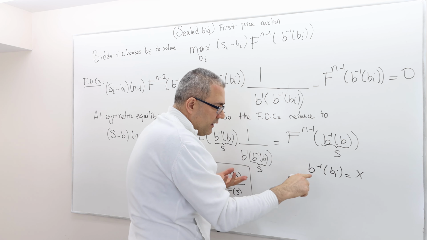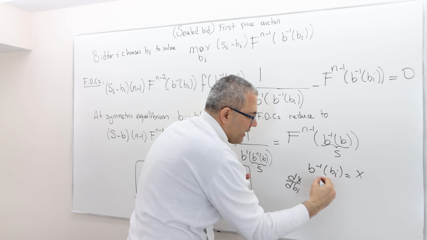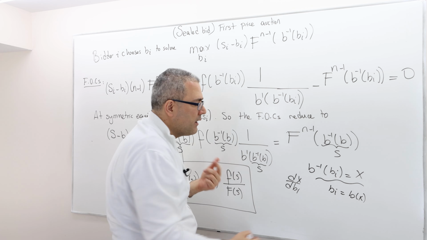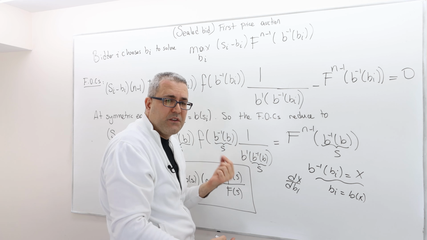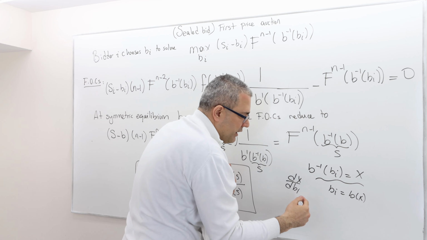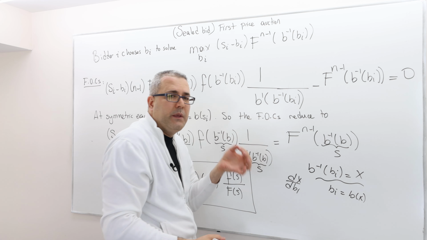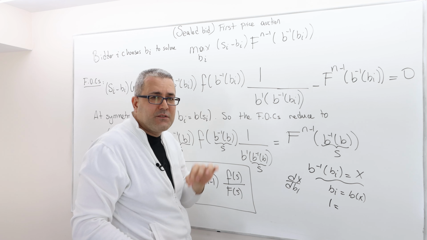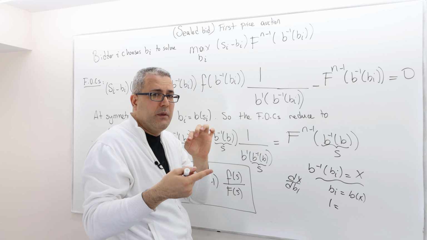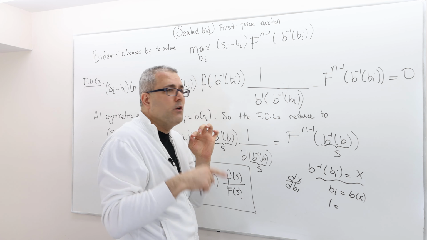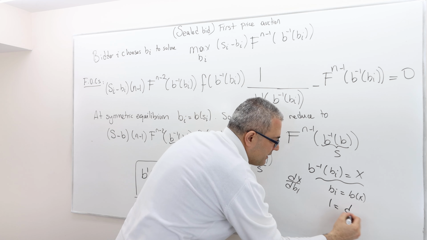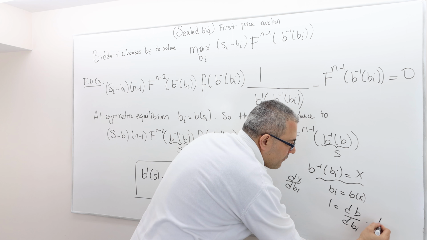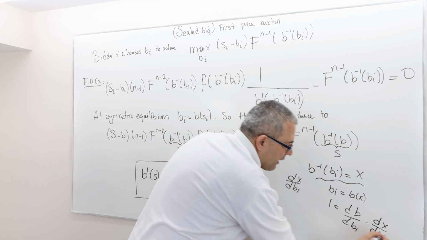Because this is the inverse function, we can rewrite b_i equal b of x. So take the derivative of both sides with respect to b_i. It shouldn't change the equality. The derivative of b_i with respect to b_i is 1. The derivative of b of x, don't forget, x is a function of b_i, so it is db/dx times dx/db_i.